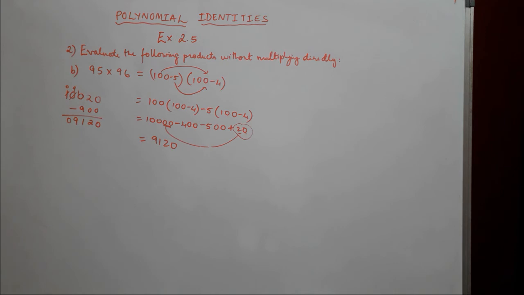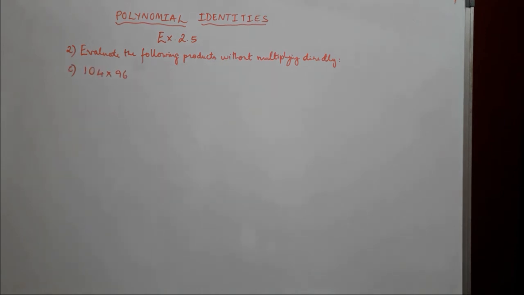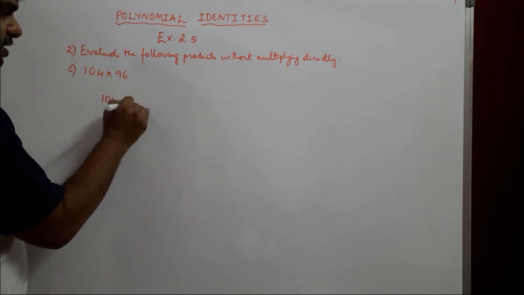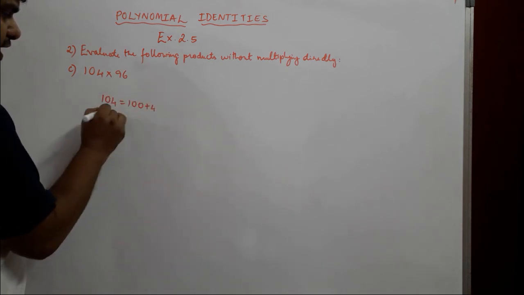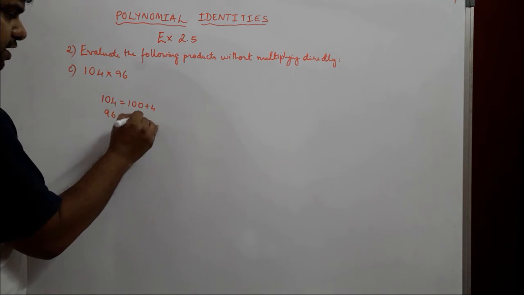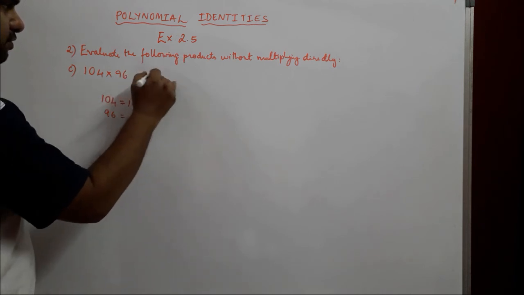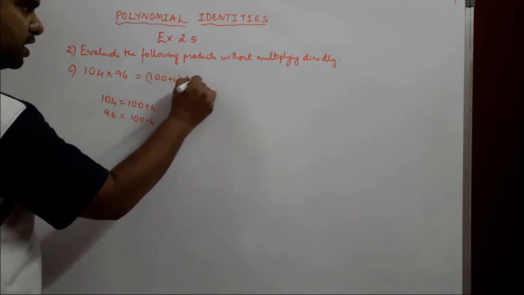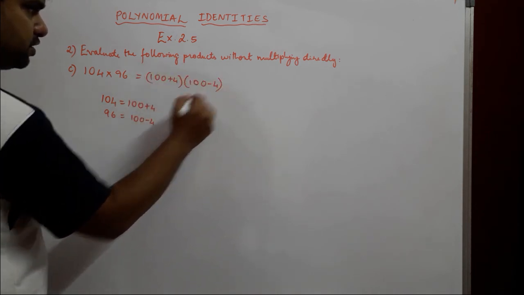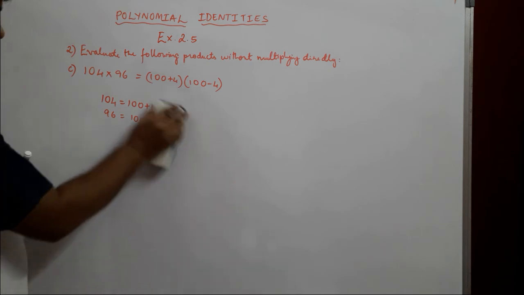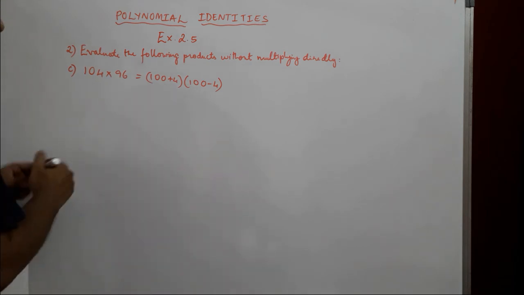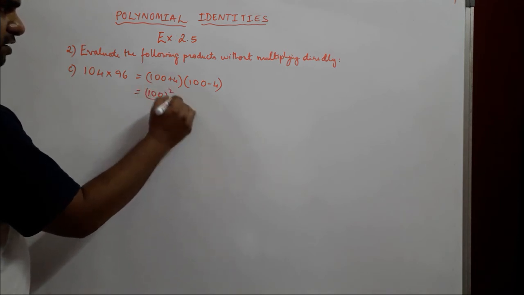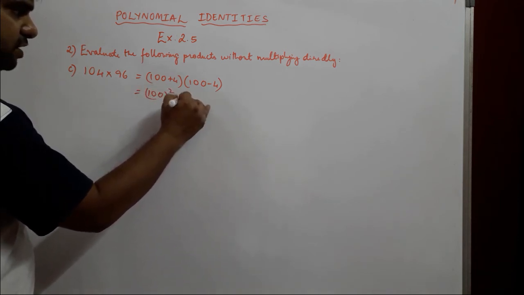Let's solve another one. That's 104 into 96. Once again, 104 can be written as 100 plus 4, and 96 can be written as 100 minus 4. That is what we'll do. 100 plus 4 into 100 minus 4. So this is in the (a plus b)(a minus b) form, which means the answer should be a square minus b square.